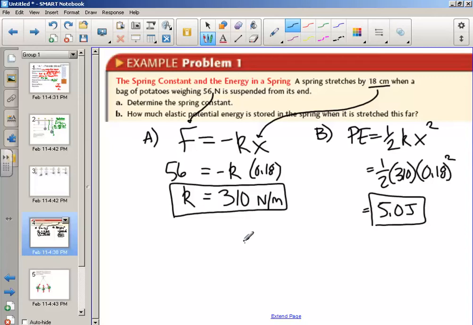Now what this is saying is that it takes 310 newtons to stretch this thing 1 meter. If you wanted to stretch it 2 meters, it would take 620. So you can use this spring constant to find out how far it would stretch if you put this weight on it, or how much weight you need to stretch it this far. This is kind of like, if you were to graph it, the slope.